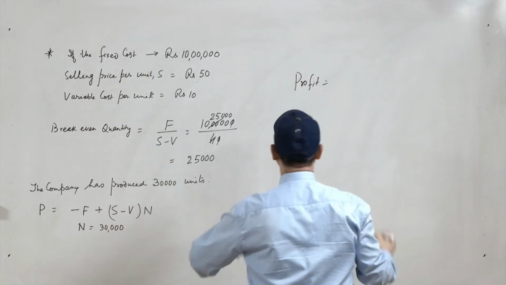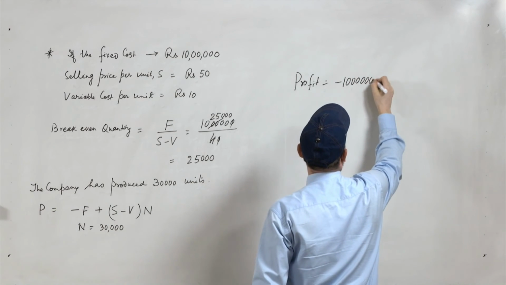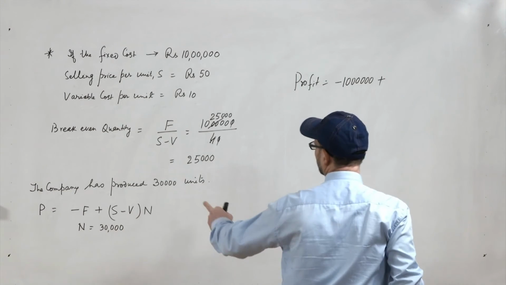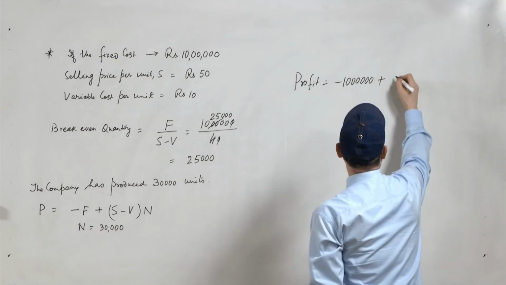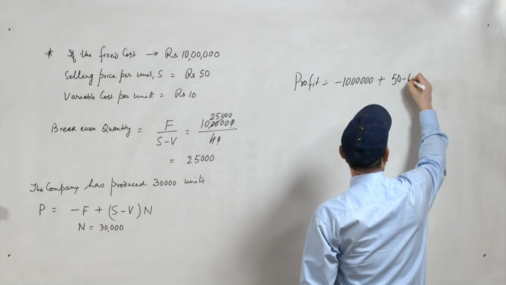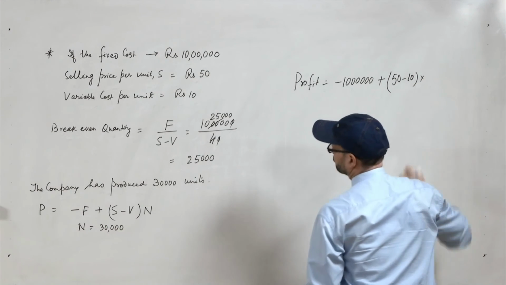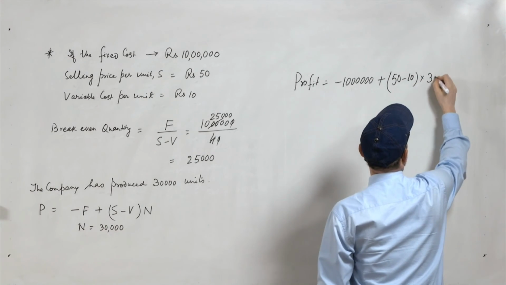we know the values, minus of 10 lakhs plus S minus V. So, S we have 50 minus V is 40, V is 10, sorry, into 30,000 units.